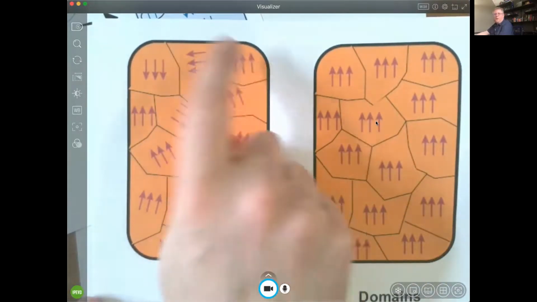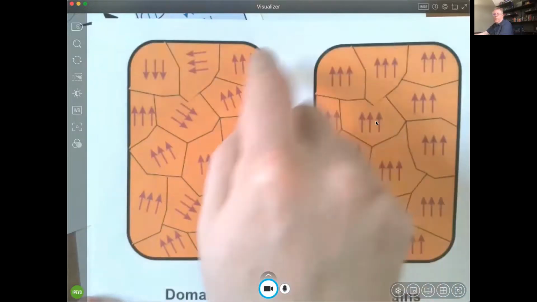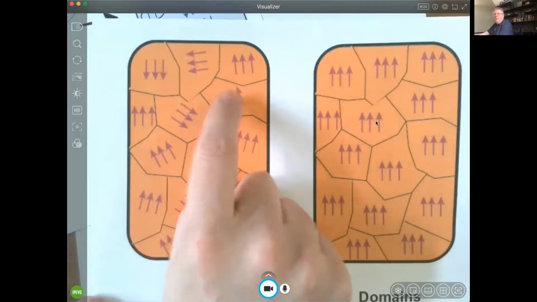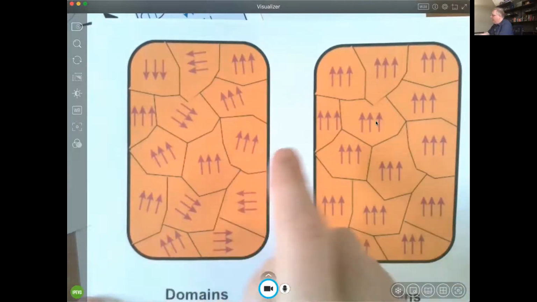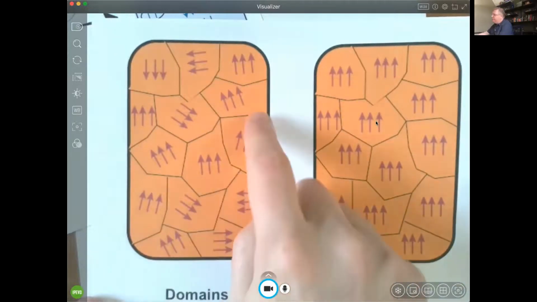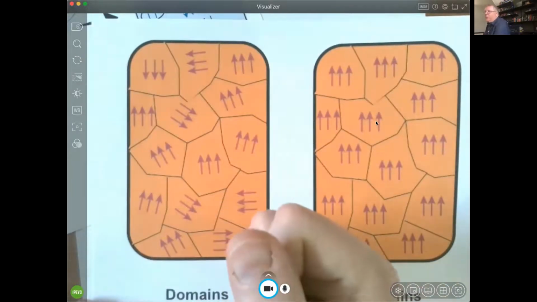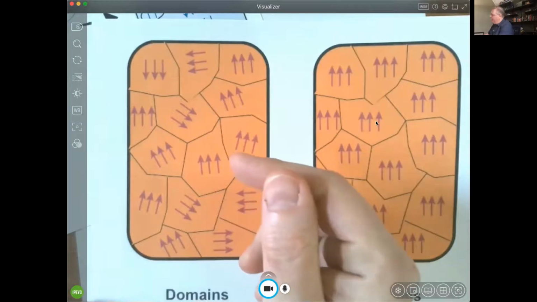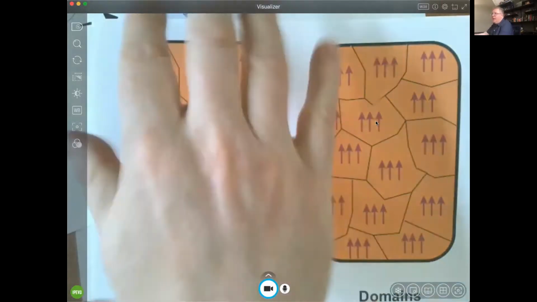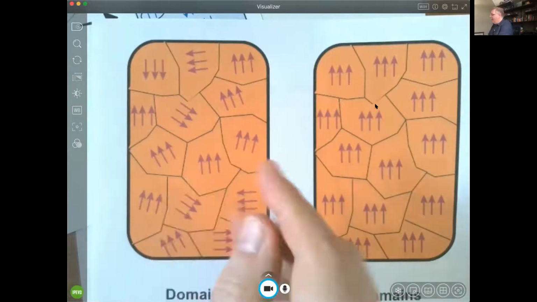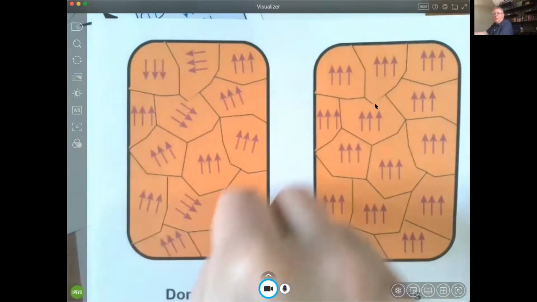They've got their spins aligned, so the magnetic field from all those little atoms points in the same direction. These are called magnetic domains. They're all pointing in different directions, and it just depends on how that iron crystal was formed. When that iron cooled down from magma, it was random which way any little bit of the metal was pointing. So though it's a magnet, it looks like this.